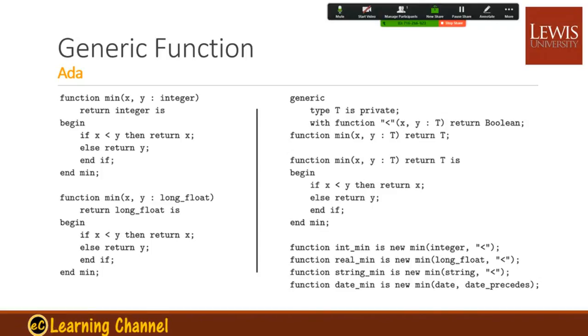And then the less than is a parameter to be passed in to determine the type. So we can declare four different types for string min, integer min, real min, and date min for different data types. And then with different comparators.